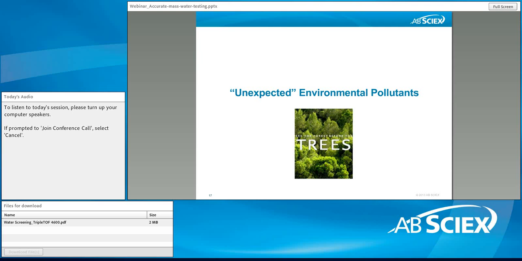But how about the unknown analysis now? Accurate mass information can also be used to identify unexpected and unknown compounds in complex samples. And here the biggest challenge is not data acquisition. The biggest challenge is more the data processing.